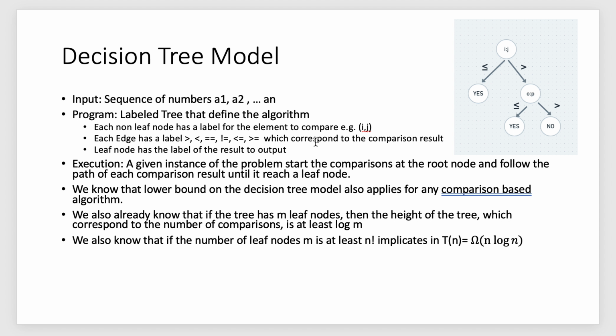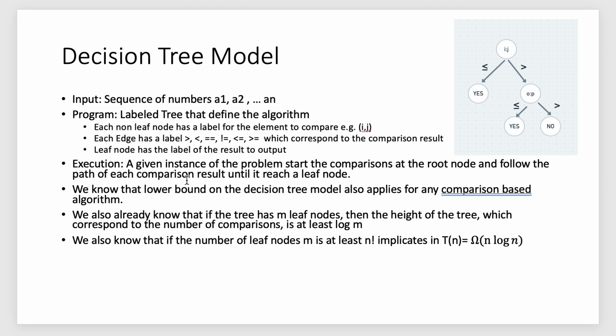Each non-leaf node has a comparison of two elements, and each edge of the tree corresponds to a different result of that comparison. The leaf nodes are labeled by the output of the algorithm.